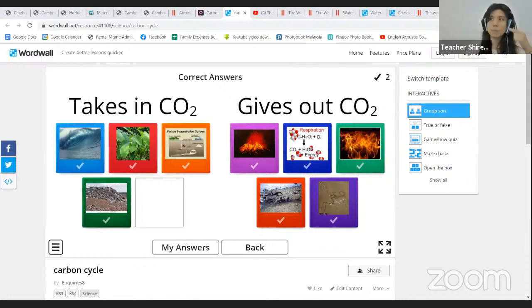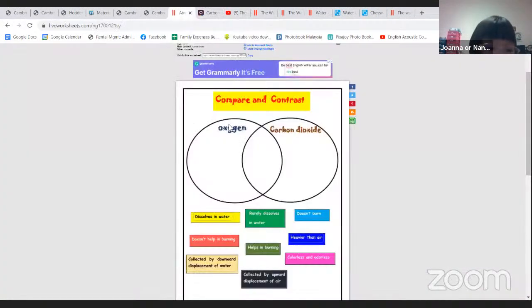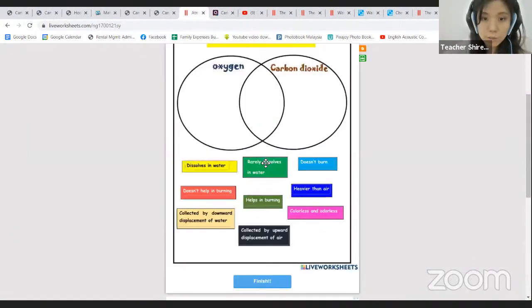We are opposite from plants, remember? Okay, let's do the next one, all right? If there's no oxygen, only have carbon dioxide, we can't breathe. That's right. That is always right.